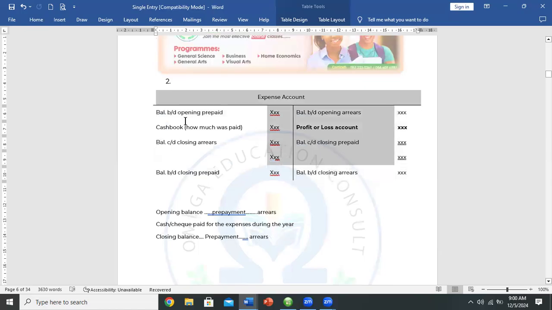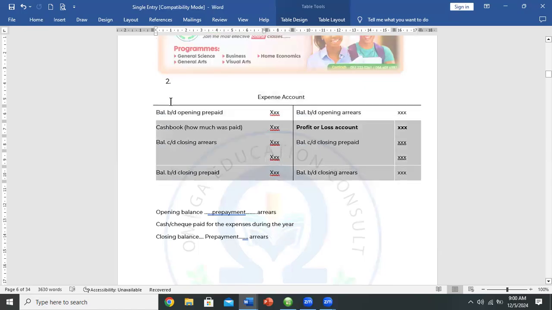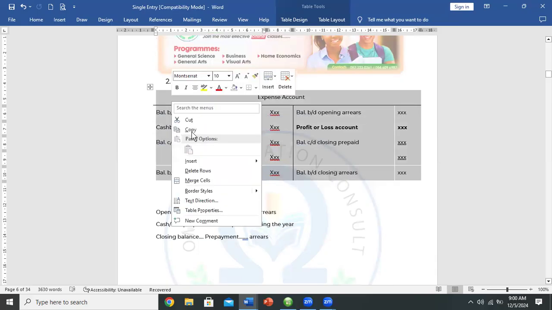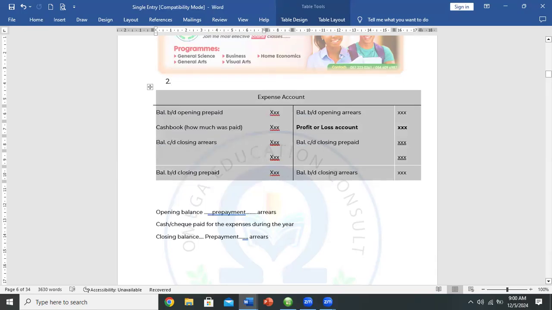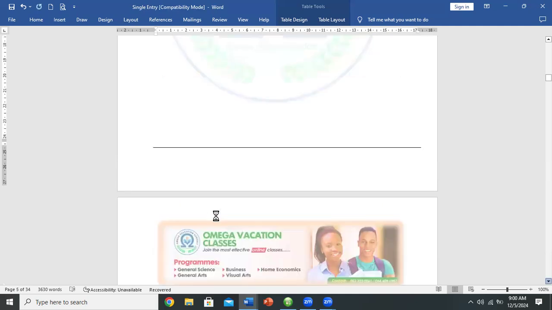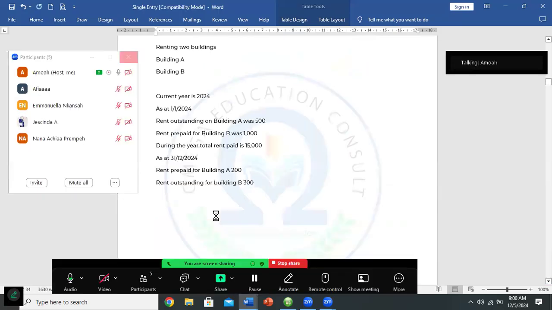Okay. Now, I would want you to also appreciate the concept you discussed under the sole proprietorship adjustment for expenses prepaid and expenses outstanding or owing. Okay, so let me put it here.